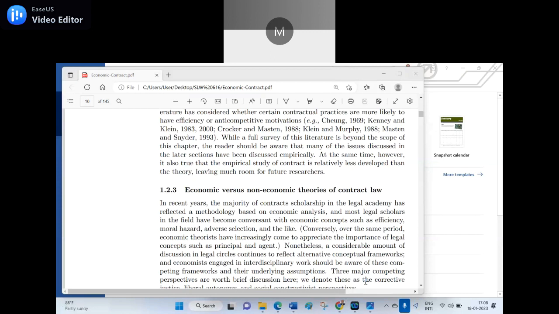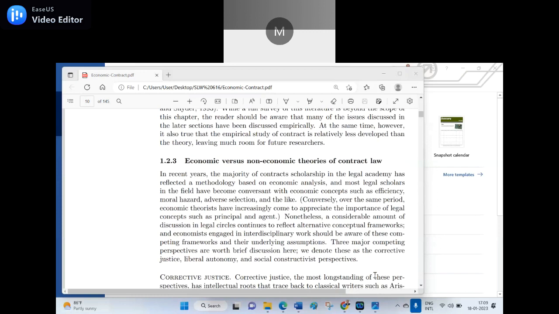In the economic versus non-economic theories of contract, they say the majority of contract scholarship in the legal academy has reflected a methodology based on economic analysis, and most legal scholars in the field have become conversant with economic concepts such as efficiency, moral hazard, adverse selection, and the like. Now the question comes: if any contract is made, how far the external factor plays an important role should also be considered. And with that, we have to make the contract with the people.